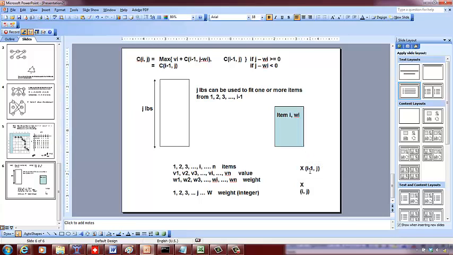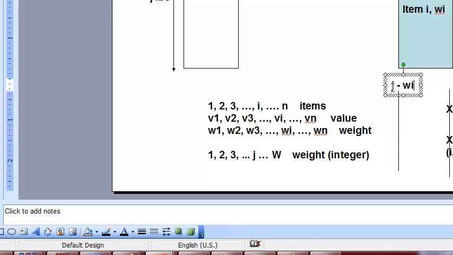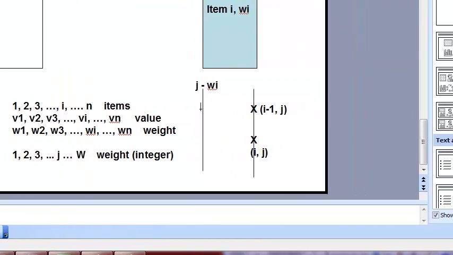Or in the same (i-1)th row, consider the cell that is Wi columns to the left, so in column j minus Wi, the same (i-1)th row.